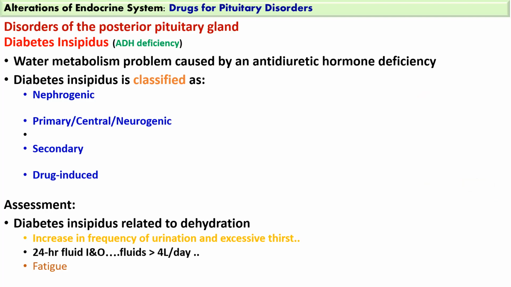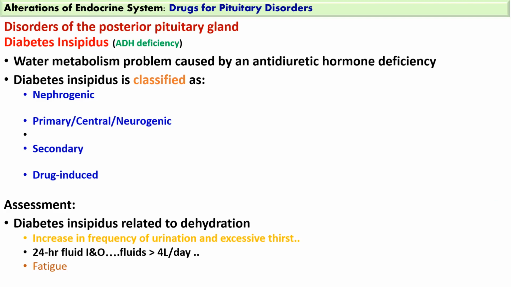So the diabetes insipidus is classified as either nephrogenic, primary, central, neurogenic, is the same thing, secondary, or drug-induced. Nephrogenic type of the DI is due to the renal tubules that do not respond to the actions of the ADH hormone, which is most likely going to be an inherited genetic disease.